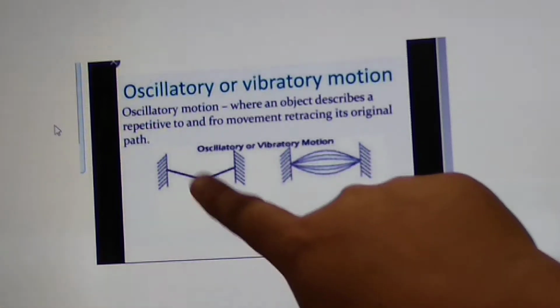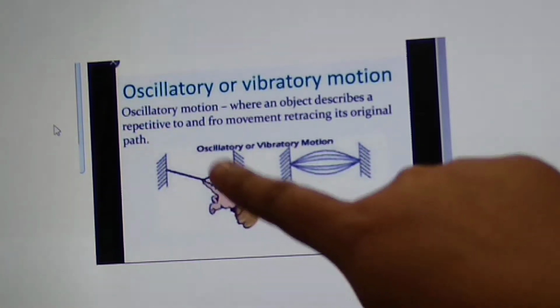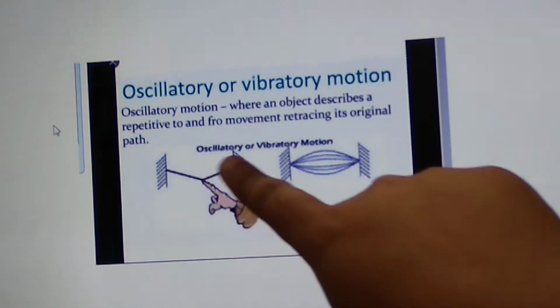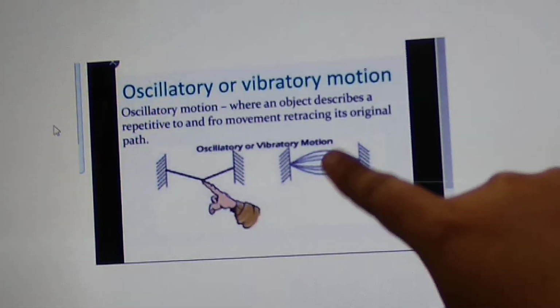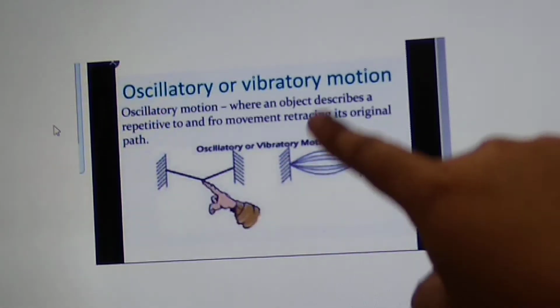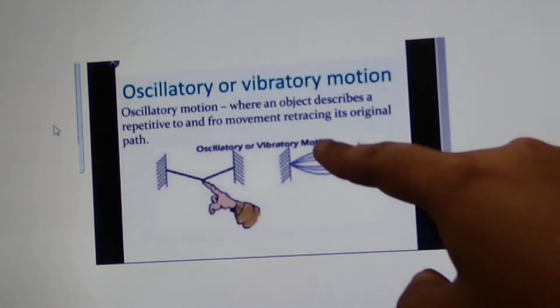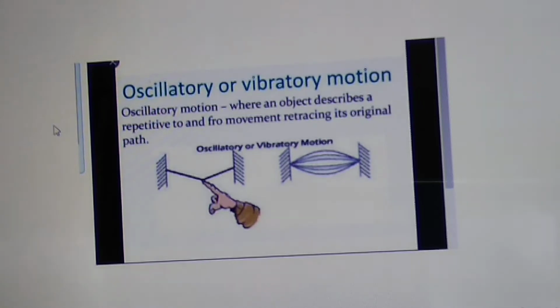So a part of the object is in motion while other parts are still. After that this part has been taken into motion, and it has taken which kind of motion? A to and fro motion. Okay, so this is what we were calling oscillatory or vibratory motion.